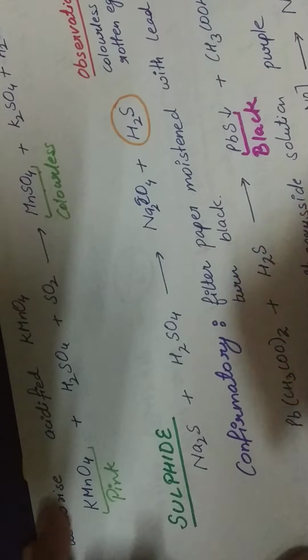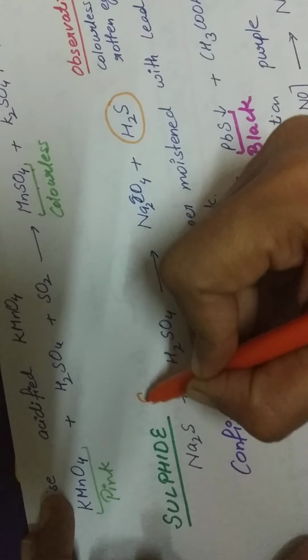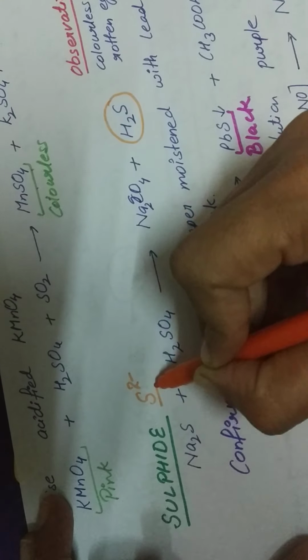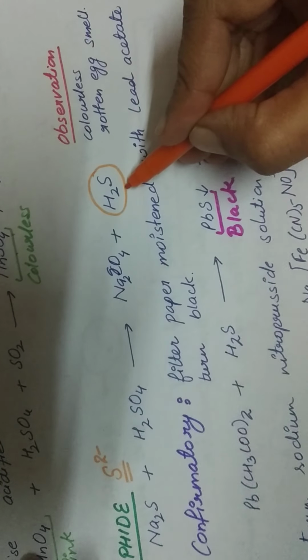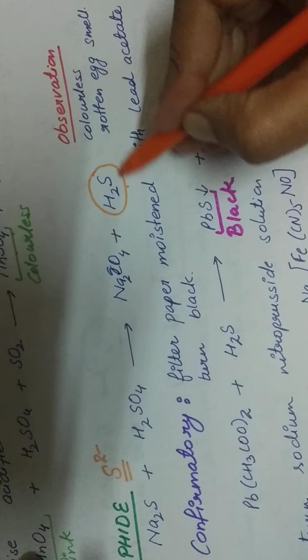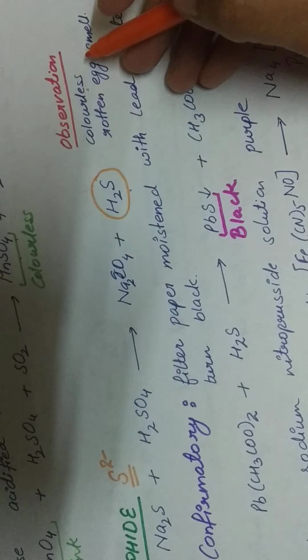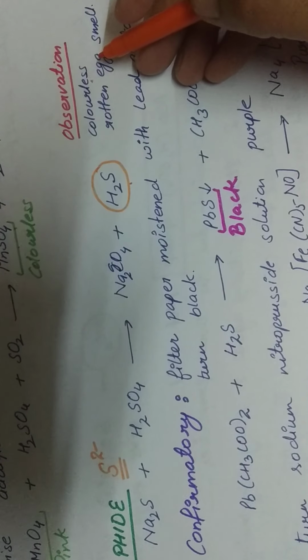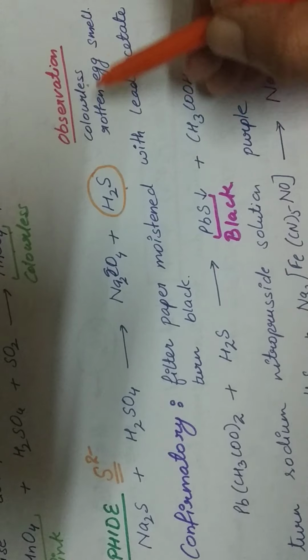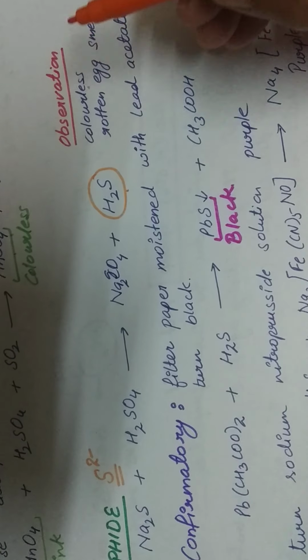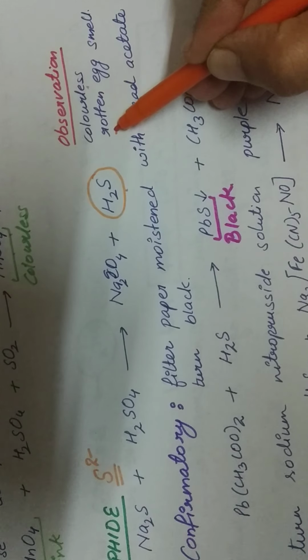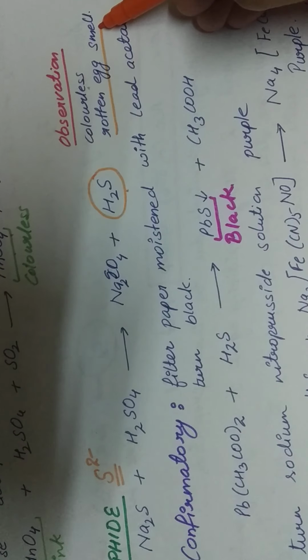The next radical is sulfide. It is S2 negative. In this case the gas released is H2S. It is colorless. So till now the gases, carbon dioxide, sulfur dioxide, and H2S, are all colorless. But here it has a rotten egg-like smell.